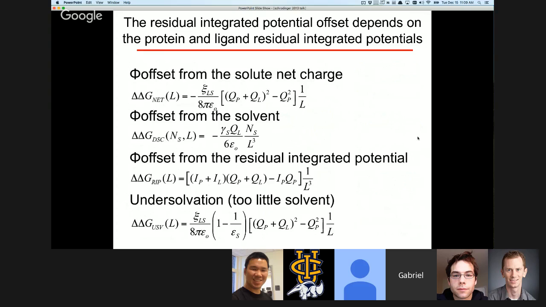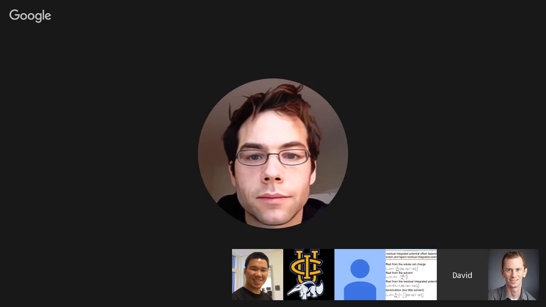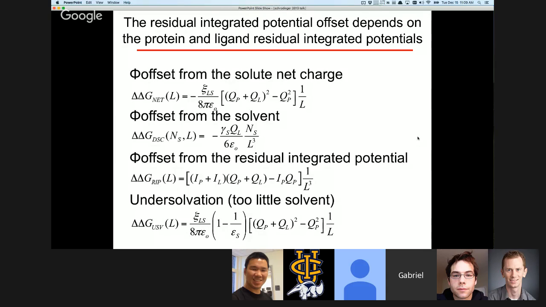Even though this net charge term, the delta G net, would cancel out, I am concerned that the other terms, like the delta G rip, would not cancel out because it does depend on the configuration and the position of where your charges are. So I haven't investigated the full consequences of that, but I'm worried that you will see finite size artifacts even in situations where you never change the neutrality of your system, because of the position dependence of some of these terms.